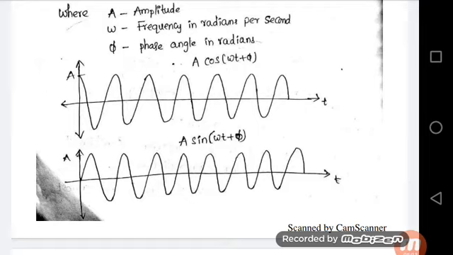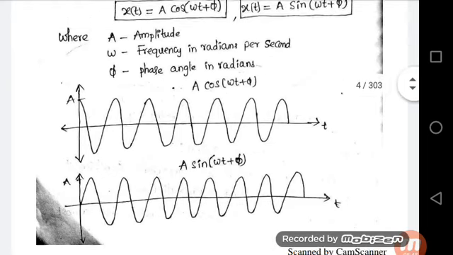The signal starts from A, that means top to bottom. In the below signal, A sin(omega t plus phi), the signal starts from bottom to top. So these are the differences between A cos(omega t plus phi) and A sin(omega t plus phi).